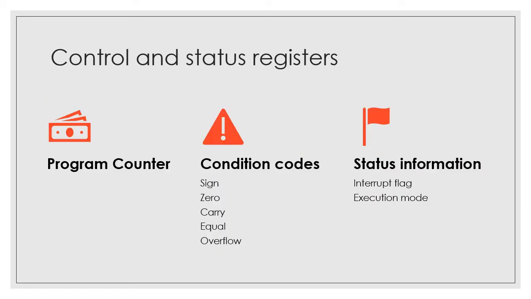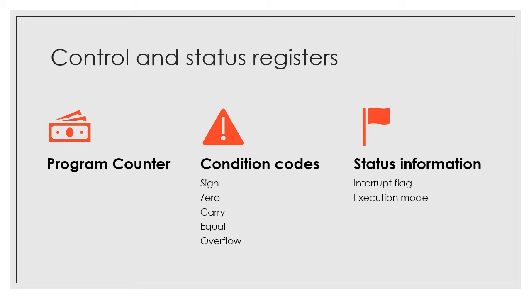Let us elaborate control and status registers. Program counter is the register that drives the processor. It tells the processor which instruction to execute. Condition codes like sign, zero, carry, equal, overflow give information about the result of the most recent arithmetic or logic operation.